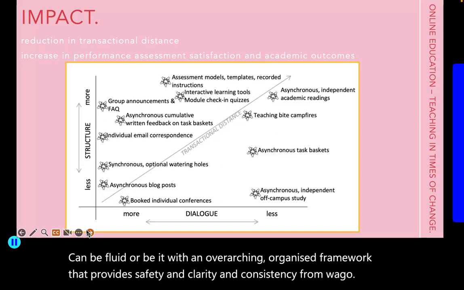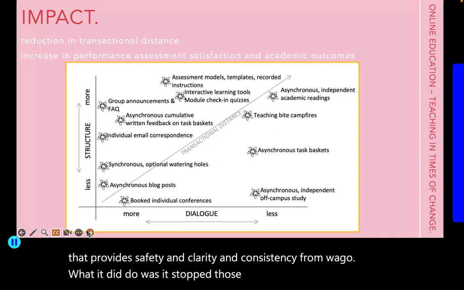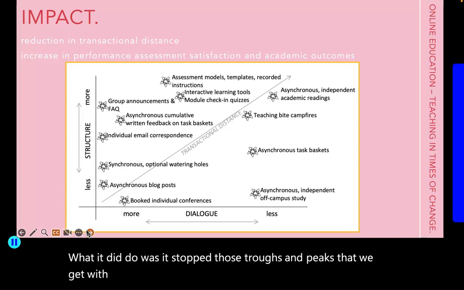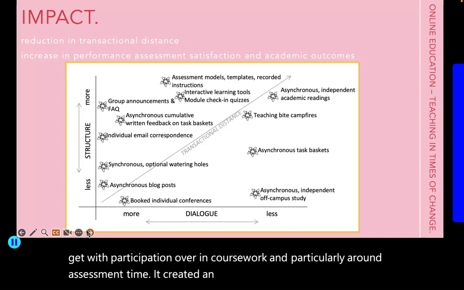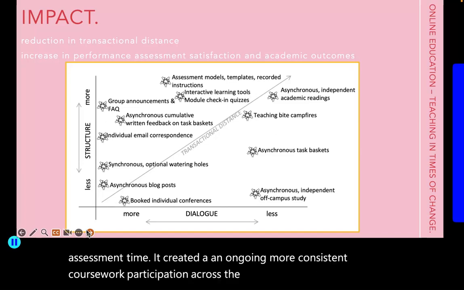What it did do was stop those troughs and peaks that we get with participation in coursework, particularly around assessment time. It created ongoing, more consistent coursework participation across the semester.